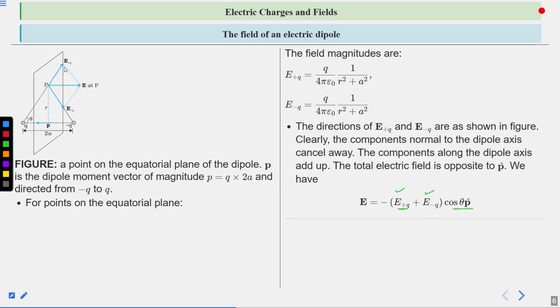So resolving the components of E due to charge plus q and due to charge minus q, the components normal to the dipole axis cancel out, and the components along the dipole axis add up. So the net electric field at point P has this direction, towards the right of the point P, and this is the term that shows the electric field at point P with direction. So this is very important. Clear?